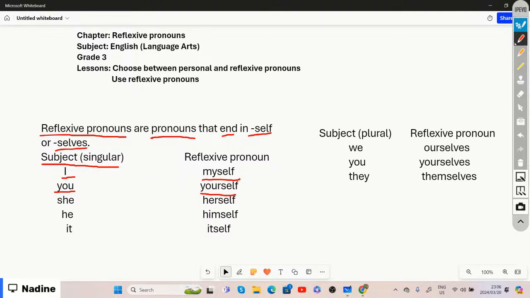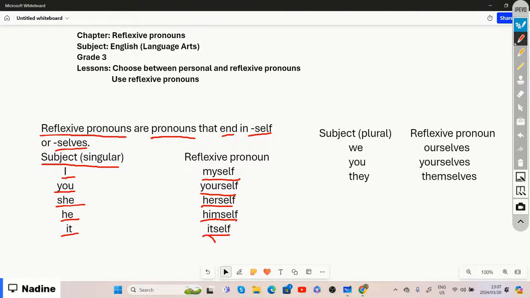She is herself, because she is a girl, so we say her, and we end it with self: herself. He, which is a boy, is himself. And for an animal or thing, it is itself.